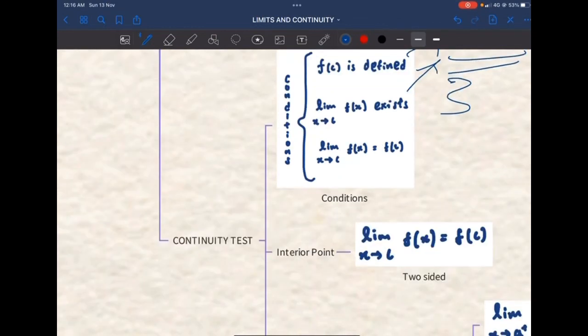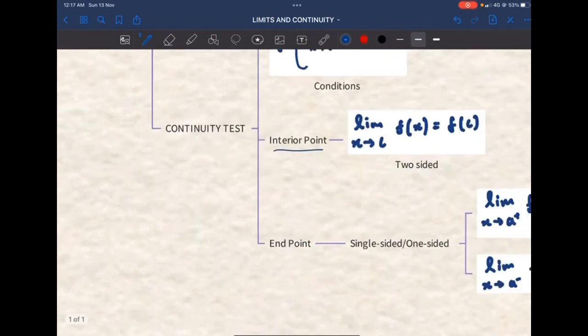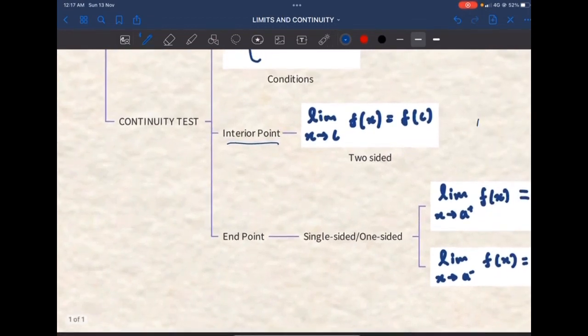We can conclude that the limit as x approaches c of the function is equal to the function when c is substituted into it, at the interior point. So basically it is a two-sided limit, and as we can see, the interior point is in between points, so it is continuous.